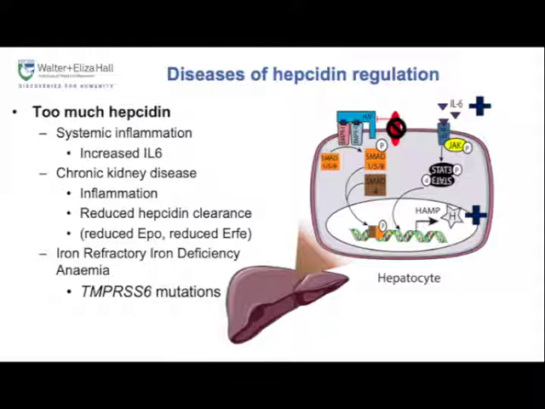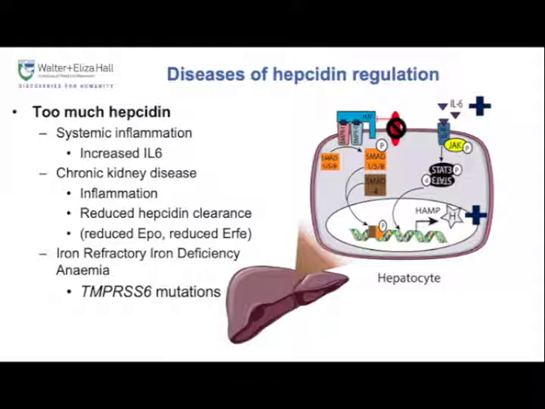So how does this work? You can have diseases of too much hepcidin. This is the liver, and these are the signaling pathways on the liver that signal hepcidin. Here you can have too much hepcidin because of systemic inflammation, so you have increased IL-6. You can have chronic kidney disease and reduced hepcidin clearance.